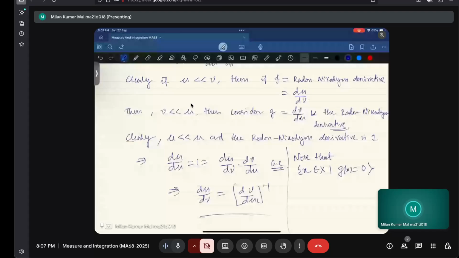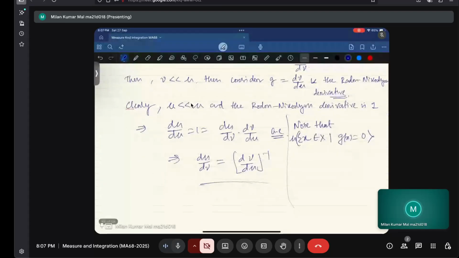Why? Because if the set has measure zero, then we can write g inverse as a function. Otherwise, not.